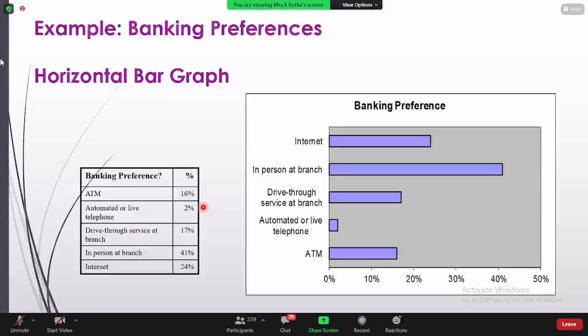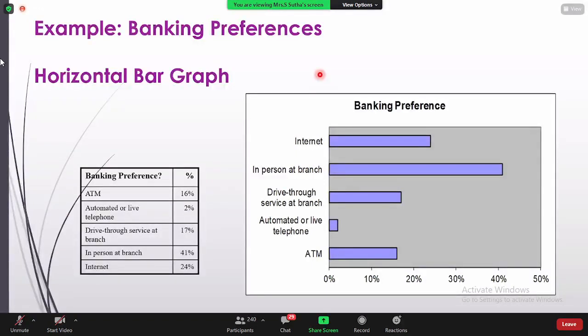The developing or improving part will be taken by the managers, not us. The statistician, based on these stats, what information do you want to give? You can put in brackets also: most of the customers, around 41%, preferred the in-person at branch method, and only 2% preferred automated or live telephone banking.